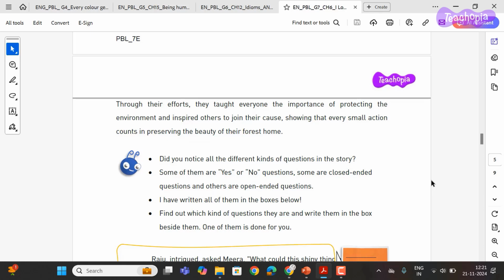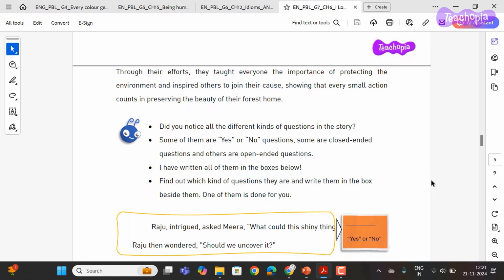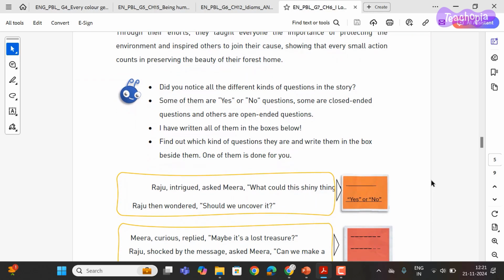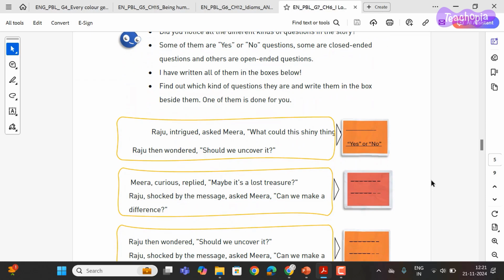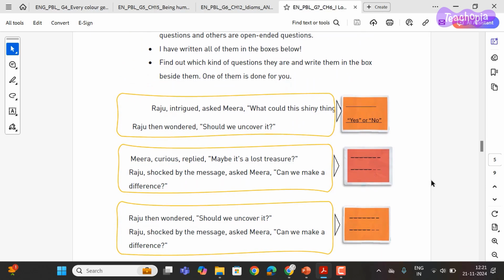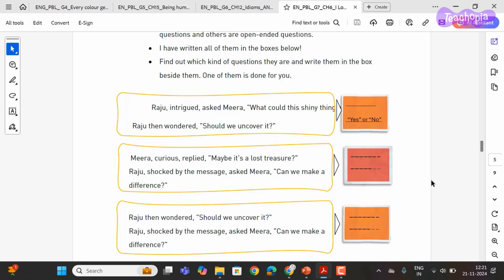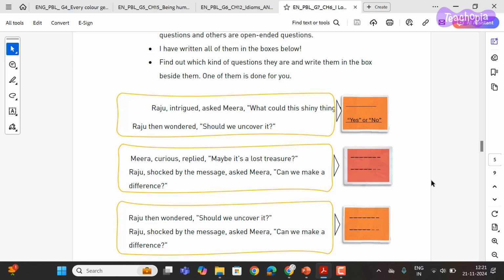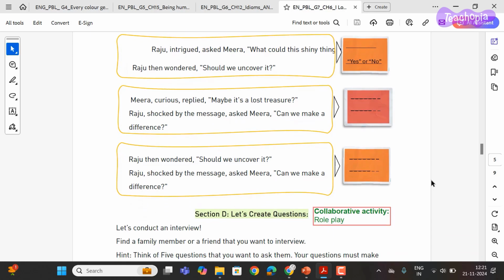Some are like, do you notice all the different kinds of questions in the story? The questions asked follow the comprehension passage, have the yes or no questions, close-ended questions, and open-ended question formats.